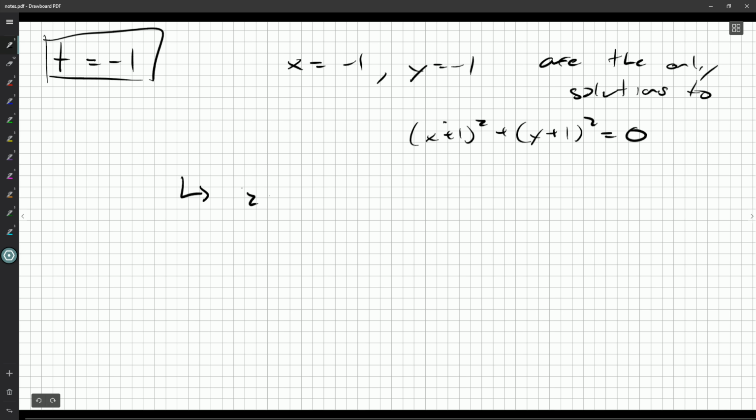And so we can also now solve for z. So it was t minus x minus y, so that'll be negative 1 plus 1 plus 1. z will be 1. So they didn't ask for that, but here we go. We've got the unique solution.